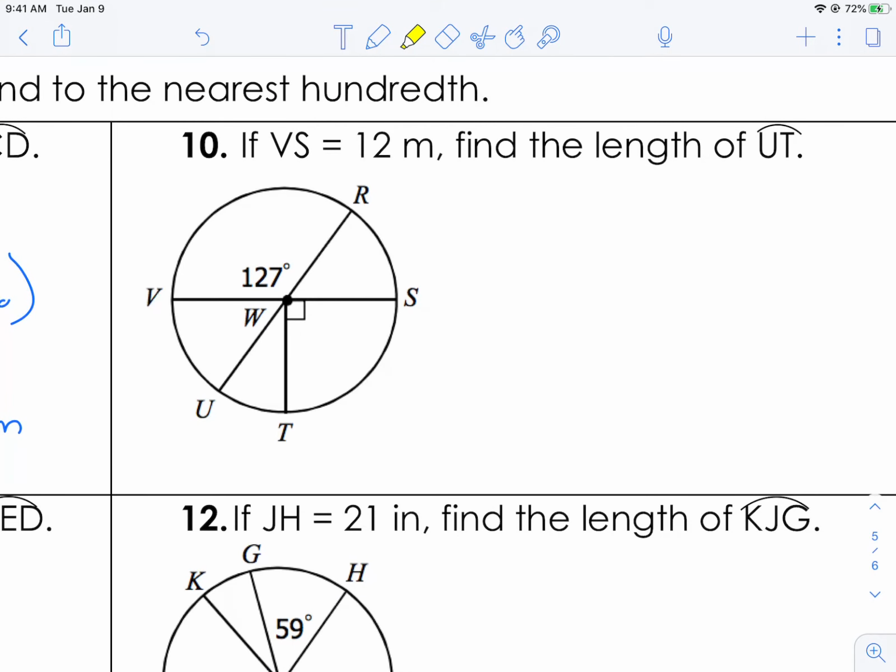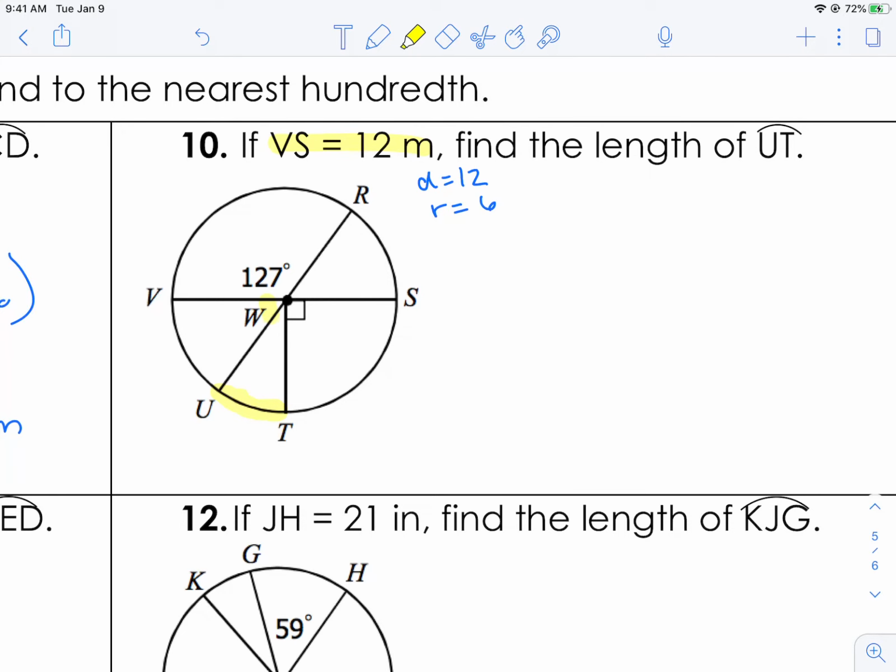So in the next one, VS is 12. So that's actually a diameter. So my diameter is 12, which means my radius is 6. And I want to find the length of arc UT. So that is this guy right here. To do that, I first need to find the arc measure.